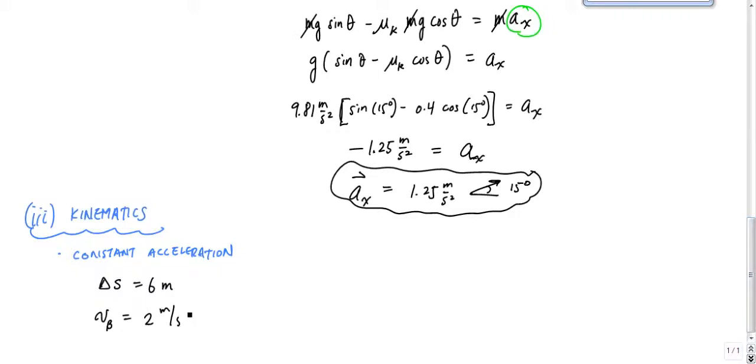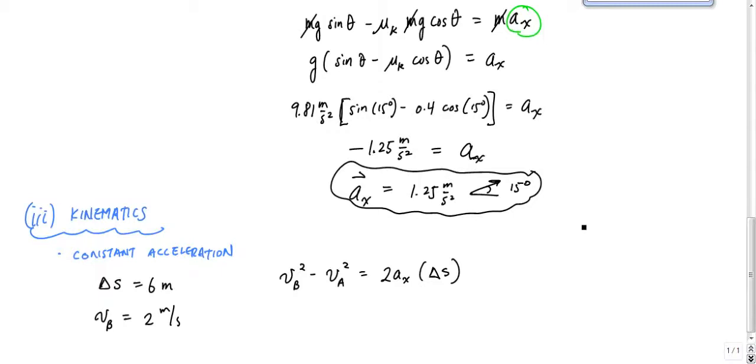So if you look through your constant acceleration equations, and I'm sure I have a derivation of this somewhere, here you would use VB squared minus VA squared is equal to 2 times the acceleration in the x times the change in position, okay? And this is just from constant acceleration.